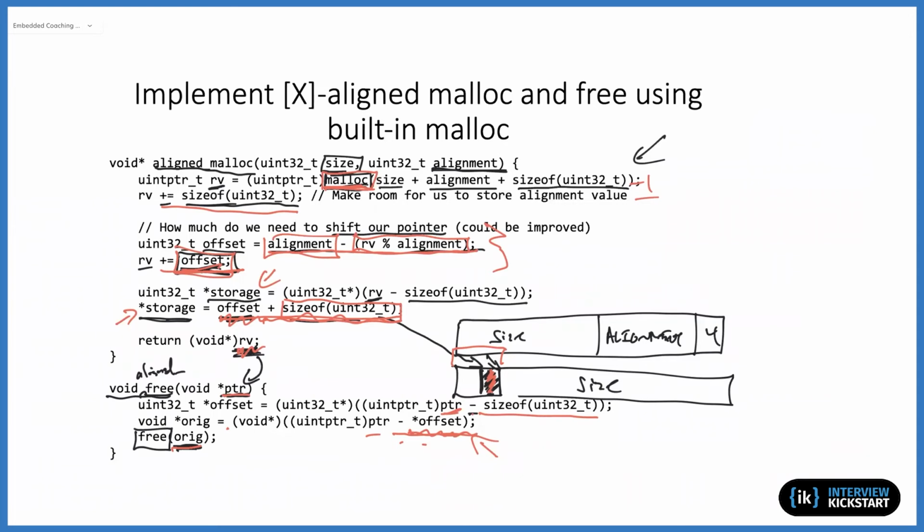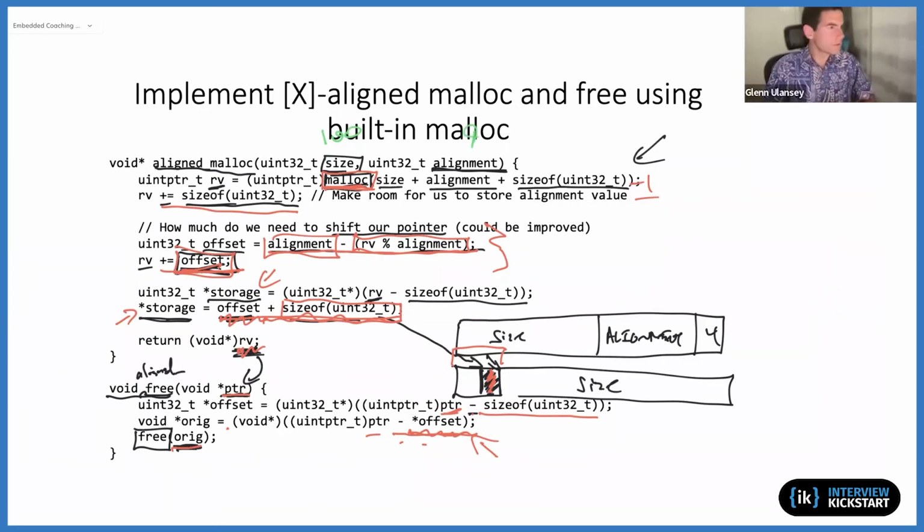Any other thoughts or comments from other folks? Hi, Glenn. Could you quickly go through one example of the numbers here? Sure. So someone might ask for an allocation of size 100, and they might ask for an alignment of size 9.